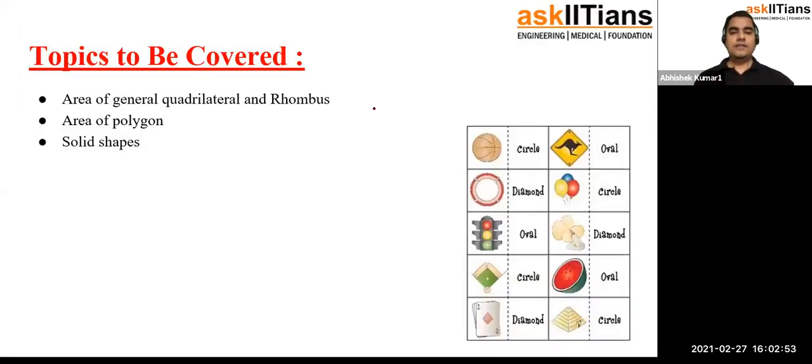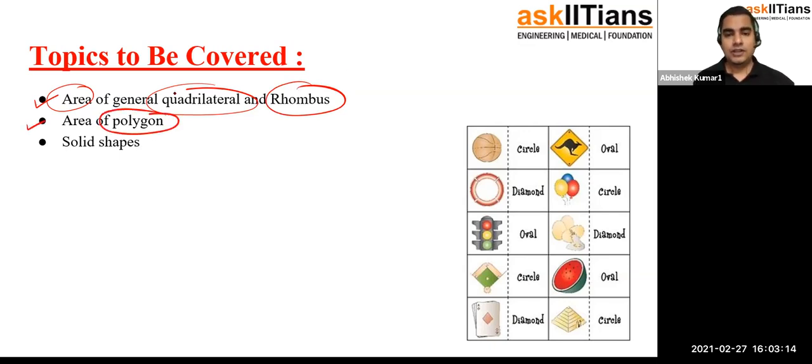So what topics are we going to cover in today's session? In today's session, we are going to cover these topics. The first topic is the area of any general quadrilateral. Then we will discuss the area of a rhombus. After that, we are going to discuss the area of any polygon.